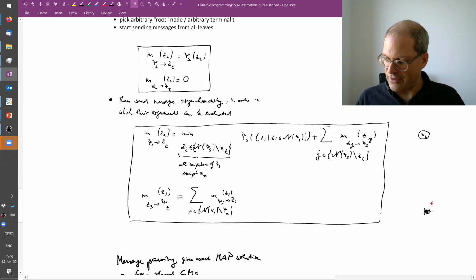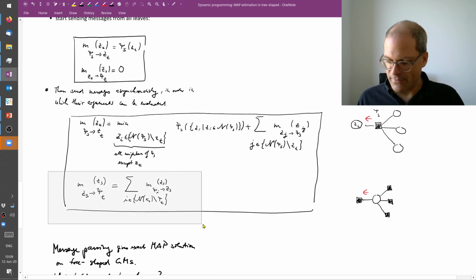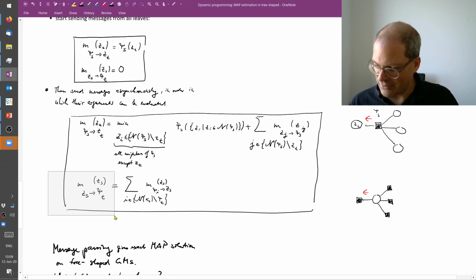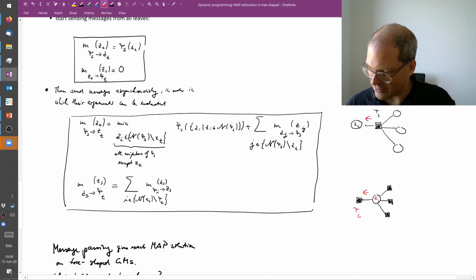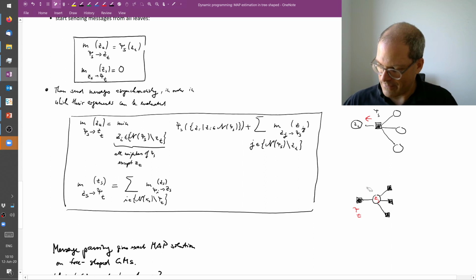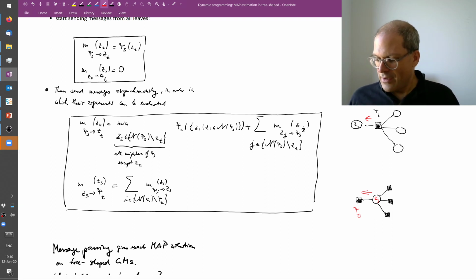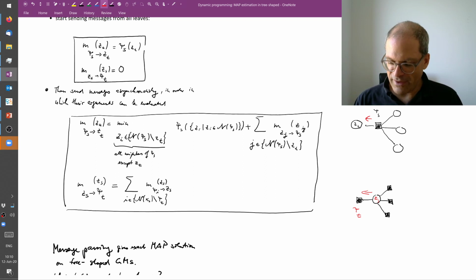Let's maybe start here at the bottom. We are looking at a message that my random variable zs is sending to factor psi t. I made an arrow here to say that this is the direction in which we're sending our message. And this message is a vector.